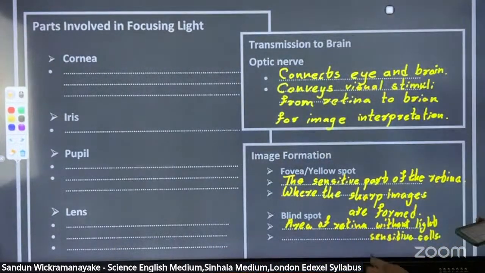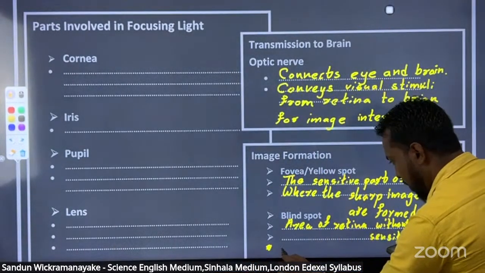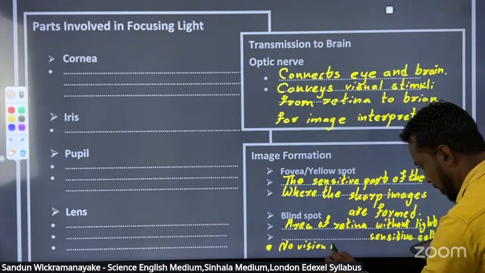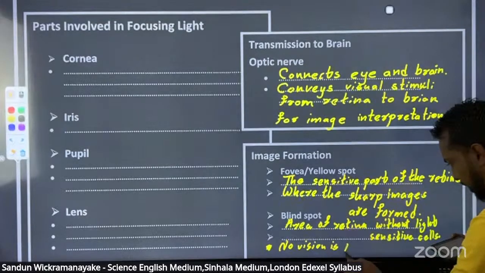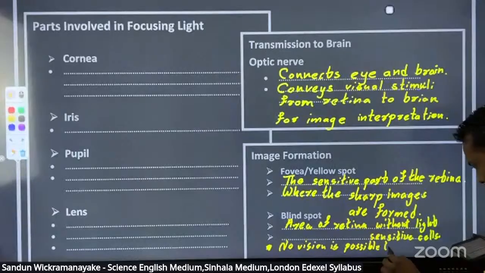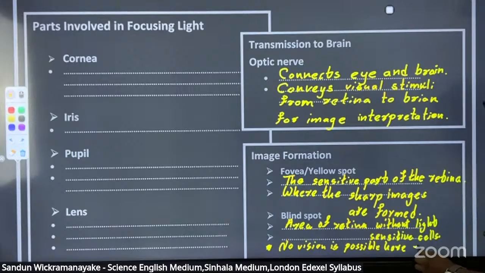Write down this. No vision is possible here, even if light is focused.